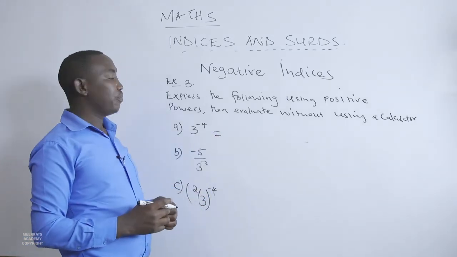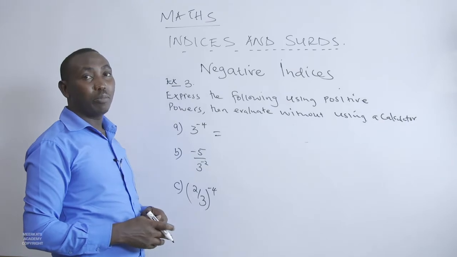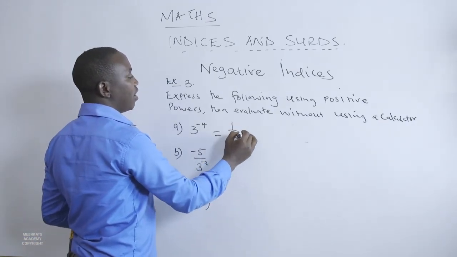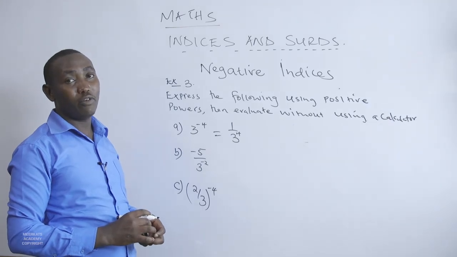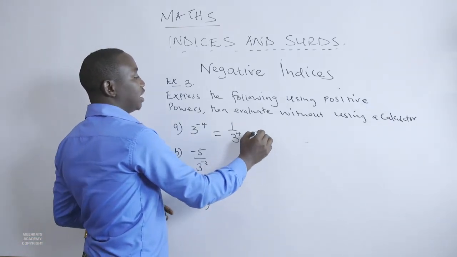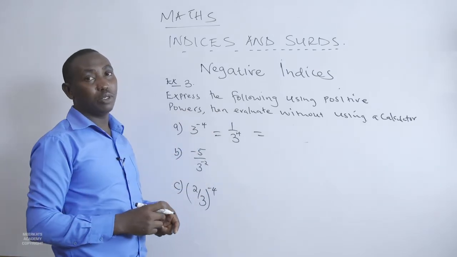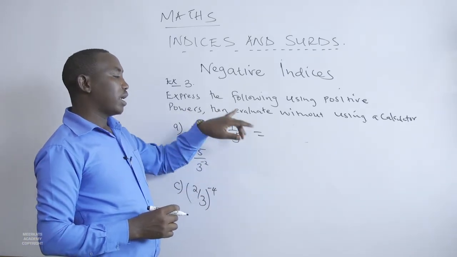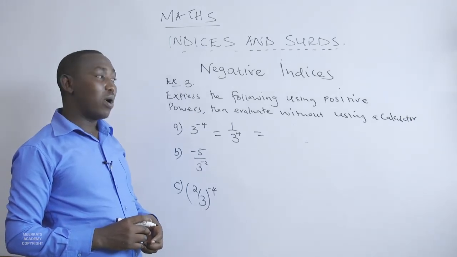The first one, 3 raised to the power of negative 4, we simply get the reciprocal of 3, which is going to be 1 over 3, and now the power changes to be raised to power 4. That is the first part. We have written this problem as a positive power. 3 raised to the power of 4, we do understand is 81.